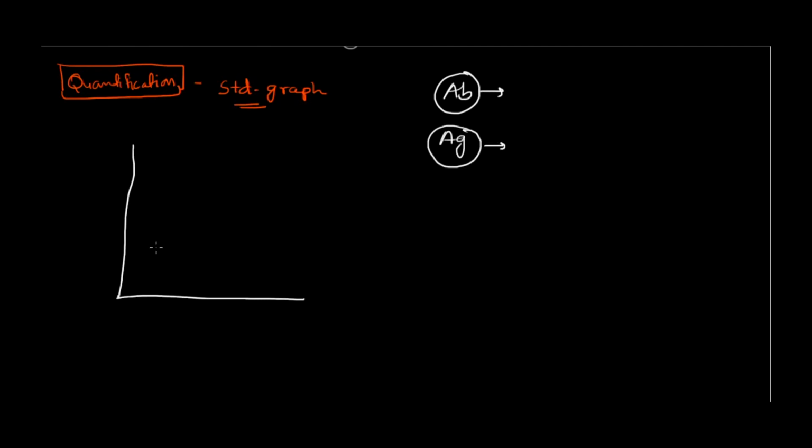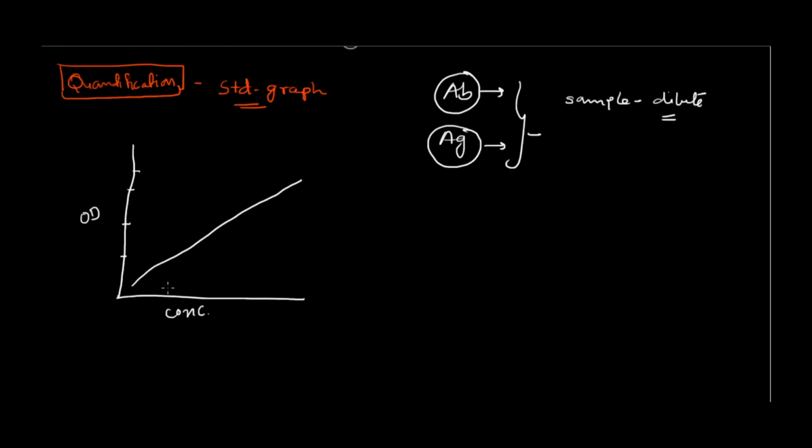And for the sample, dilute the sample, because if there is a very high amount of antigen or antibody, it should fall under this standard graph. So dilute your sample and check the optical density versus concentration. Your standard graph would have a specific OD based on the concentration of the standard.